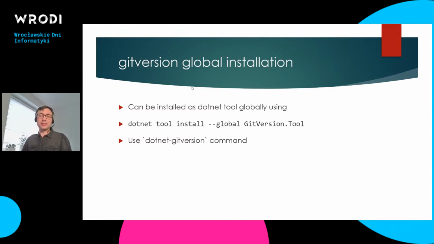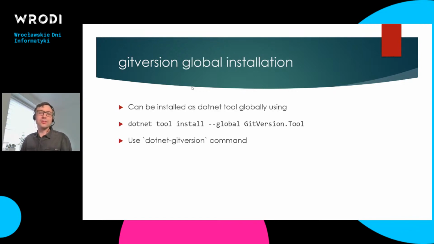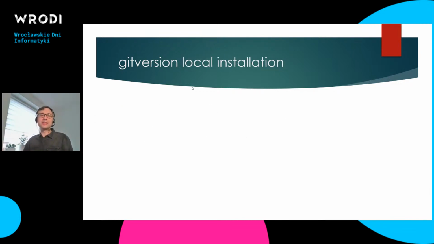And usually this is very helpful for you as a developer. And it is the most helpful if you are installing the tools as local tools. So not only you say let's install this GitVersion tool on my machine, but installing as a local tool, it means local to the project.